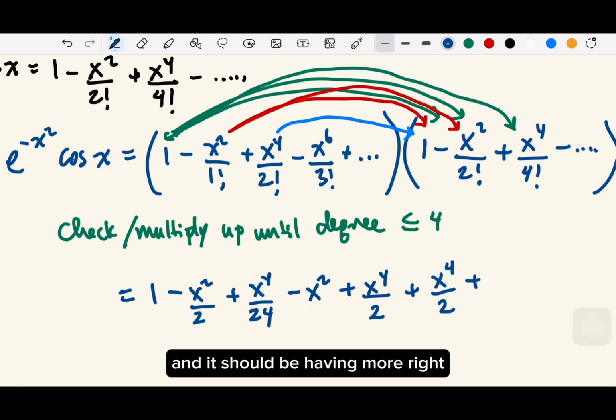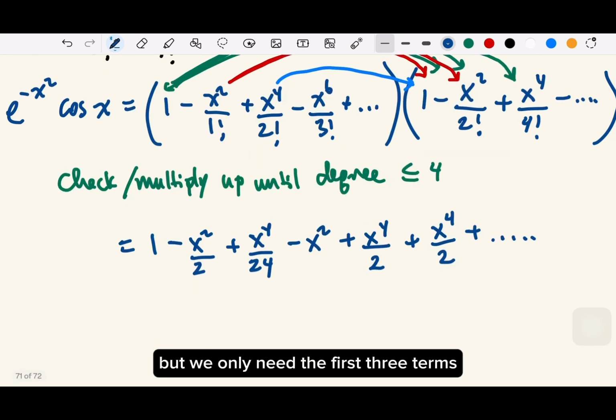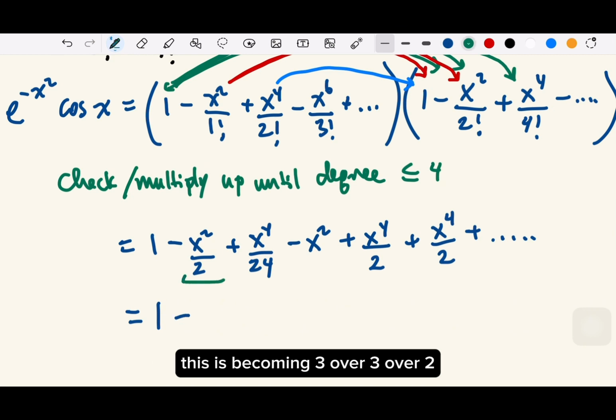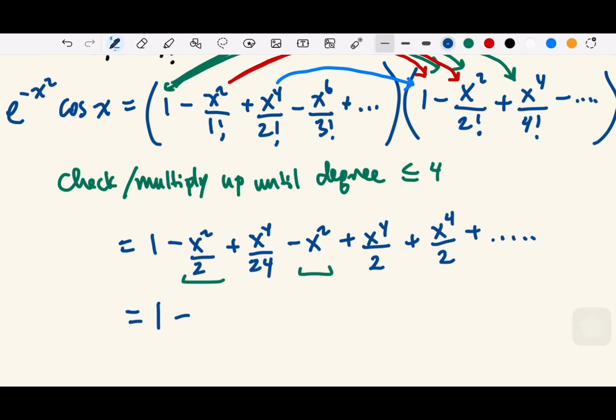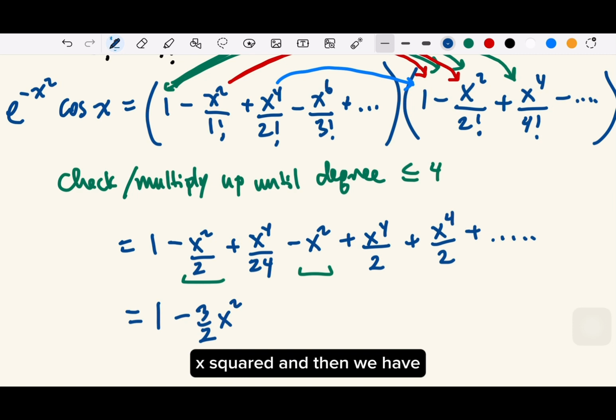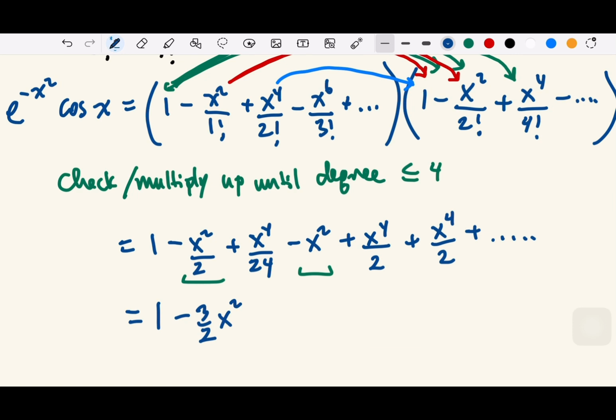And it should have more, right? But we only need the first 3 terms, which means we have 1 minus 3 over 2 x squared, and also this one.